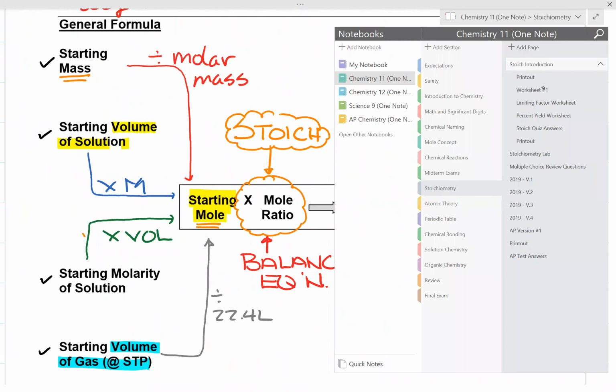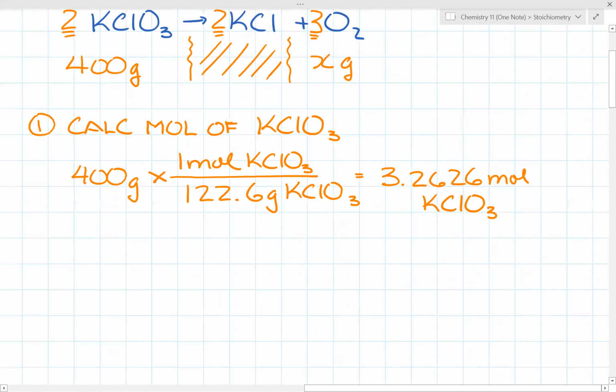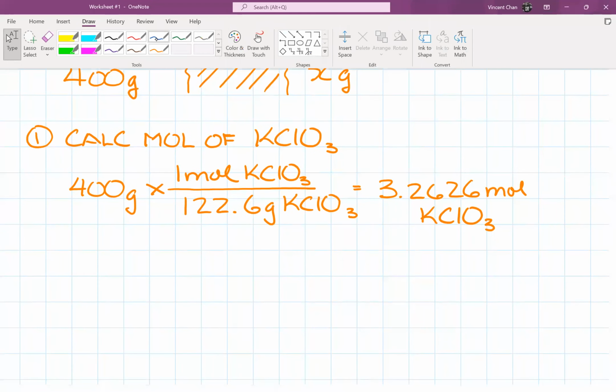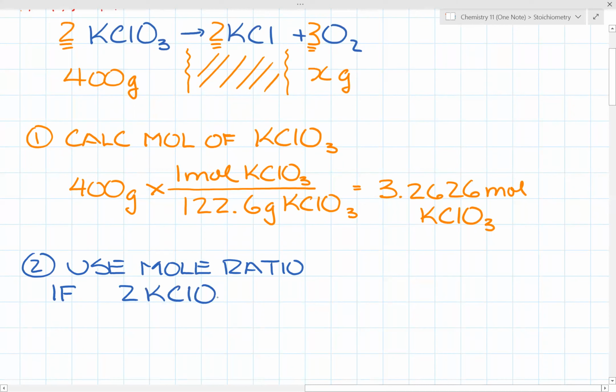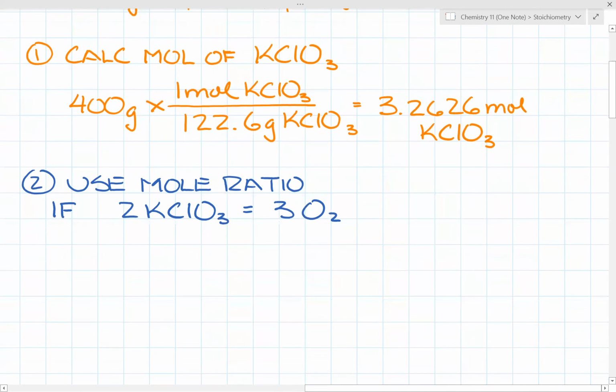So when I take a look at this, number 2, I'll do it in a different color. Use mole ratio. So what do I want for mole ratio? Looking at the balanced equation, 2 KClO3 is equal to 3 O2, then what we do is this.